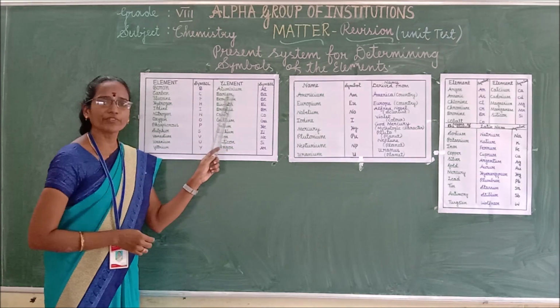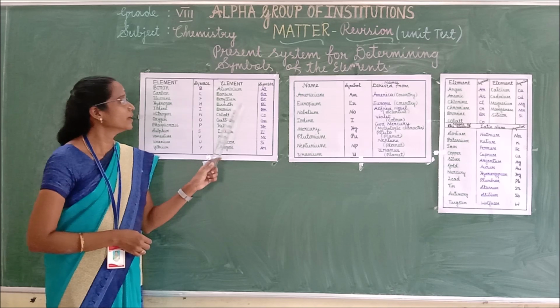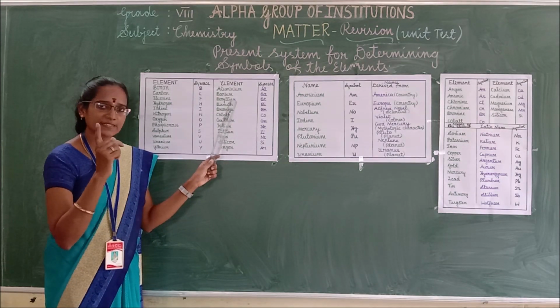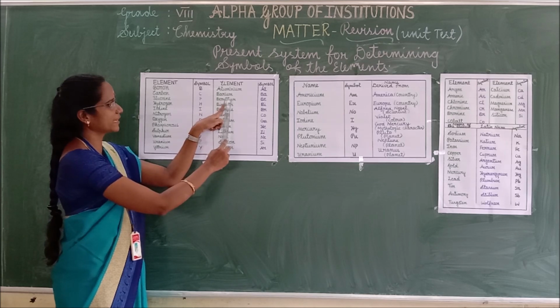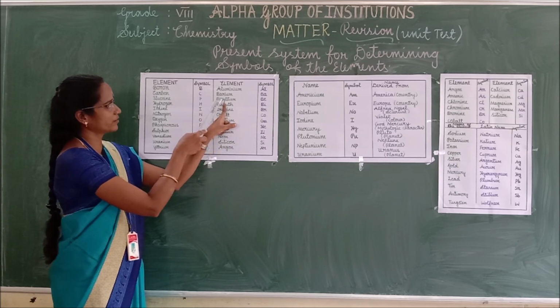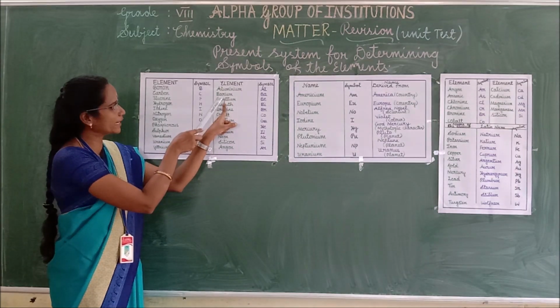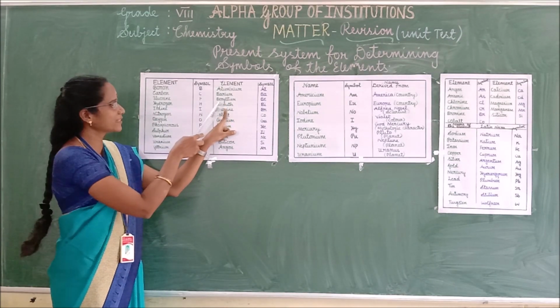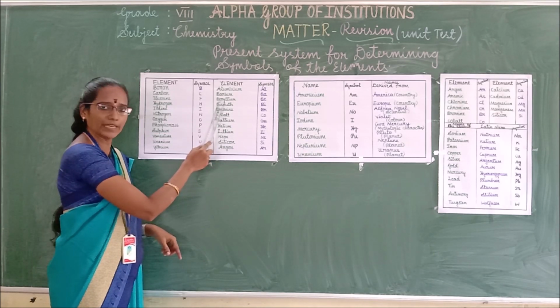If the name of the element has the same initial letter as another element, then the symbol uses the first and second letters. Check here, the second one and third one. The second element is barium. The first two letters are Ba. At the same time, if you check beryllium, the first two letters are Be.